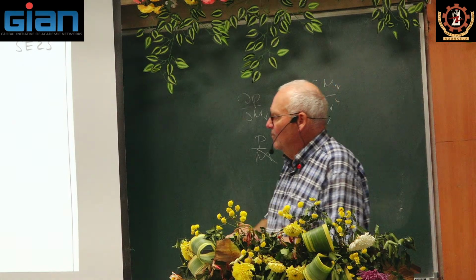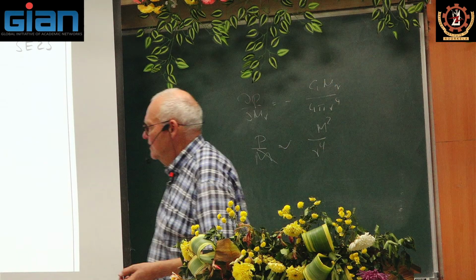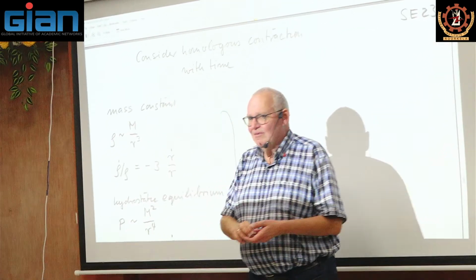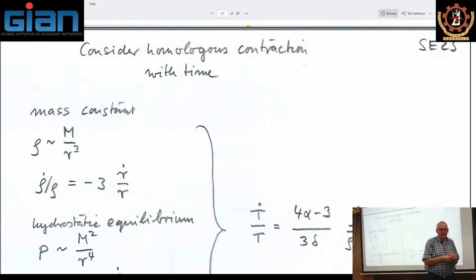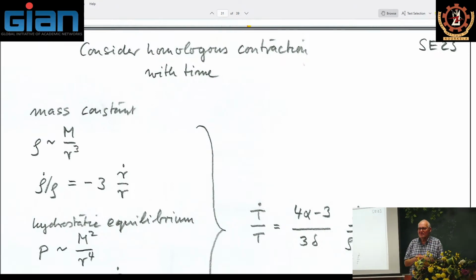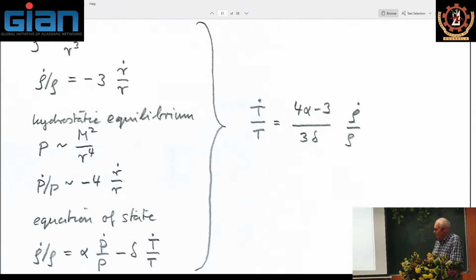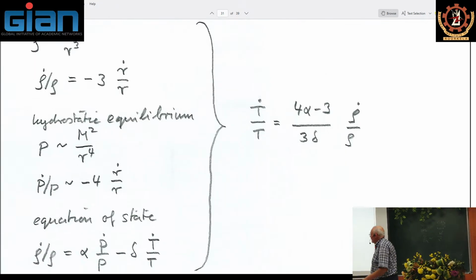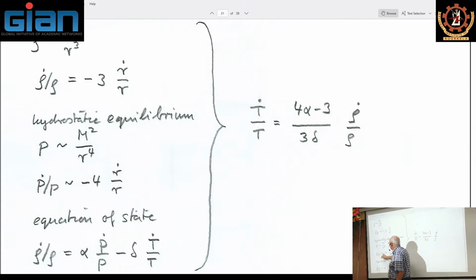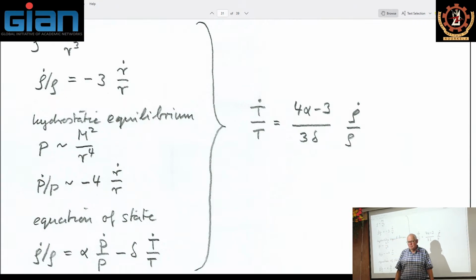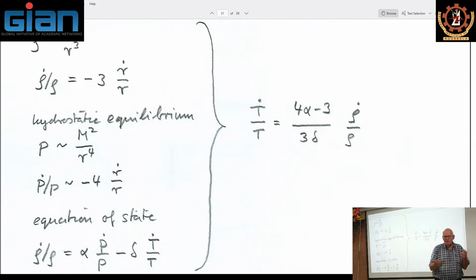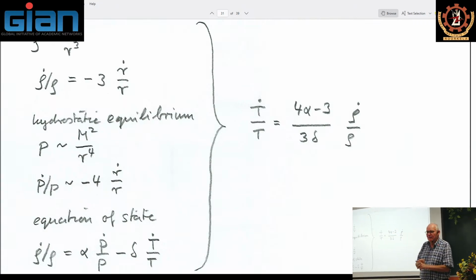Now we keep the mass fixed and calculate the relative change of the pressure along such a homologous contraction. What we end up with is P dot over P, like rho dot over rho, is then given by -4, this is the exponent here, times r dot over r.